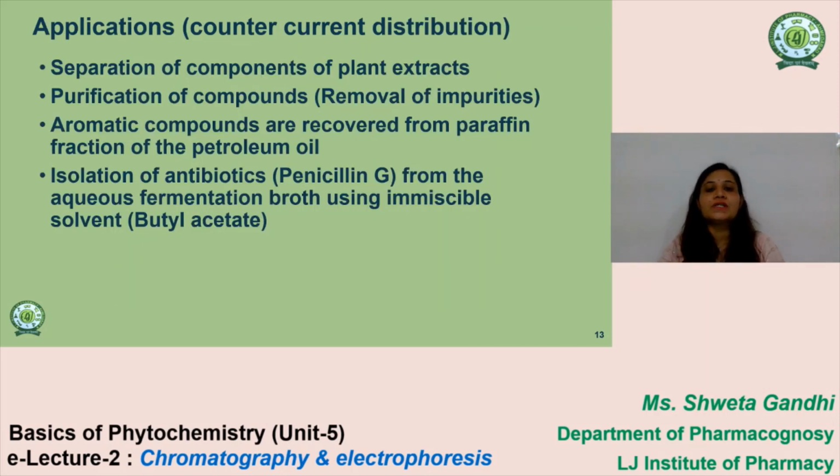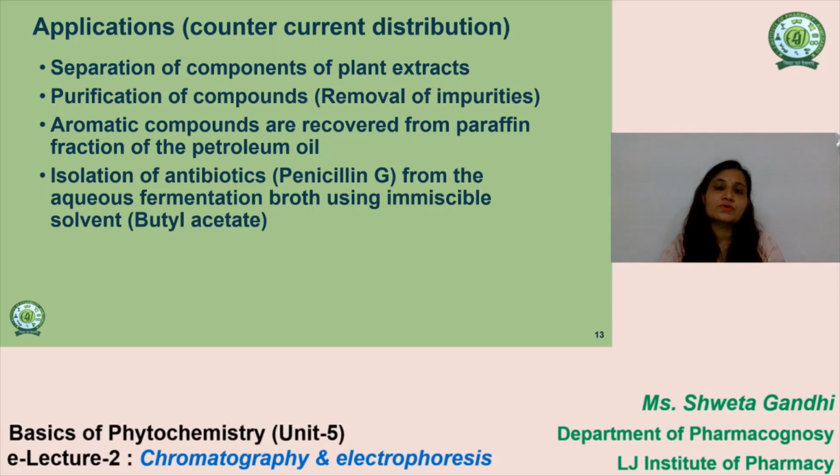Next, what are the applications? What is the utility of counter current distribution? With the help of this method, which plants can be used, whose active constituents can be extracted? Mainly the separation of components from plant extract, meaning herbal extract, can be done.